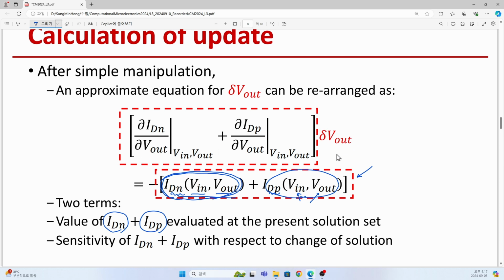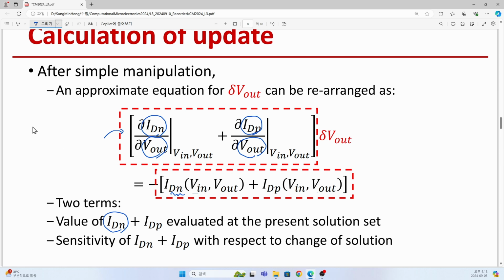The thing which is not available right now is this one. Here we have some terms related with the partial derivative of our drain current with respect to V out. Also, the drain current derivative with respect to V out. So we have to implement it.